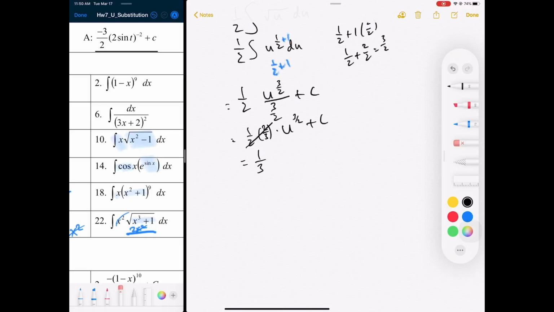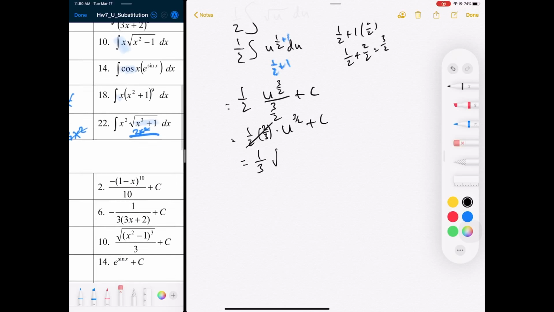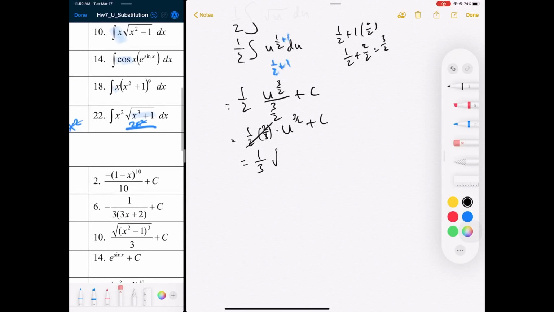And we rewrite this as a radical. Let me see, do they want a radical? Yeah, they want a radical. This is our square root. And this is our cube. And we're just going to copy u into it.